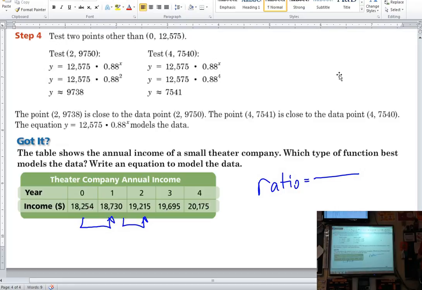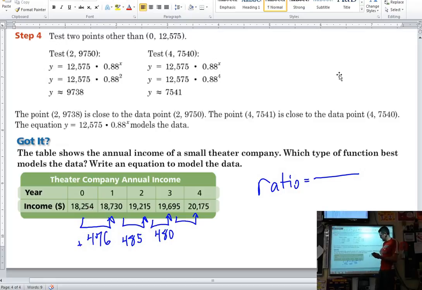Okay, guys, if we do the subtractions, let's do those first. If we check, is it linear? This would be 476. And 19,215 minus the 18,730 is 485. And then the others are both 480. You're certain on that? I'm pretty sure.